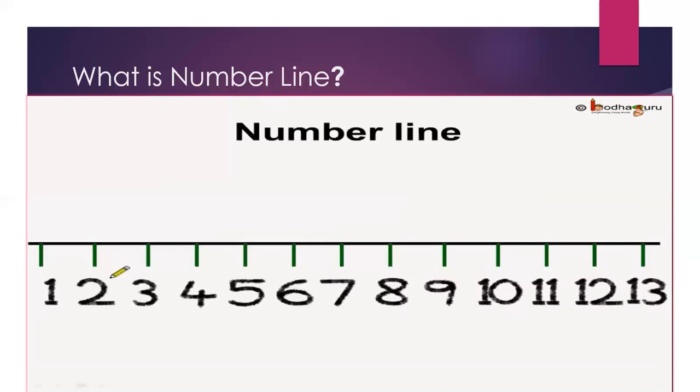See, here we made the number line. All the numbers are at equal distance, starting from 1, 1, 2, 3, 4, 5, 6, 7, 8, 9, 10, 11, 12, 13 and so on. A number line can extend to any number.